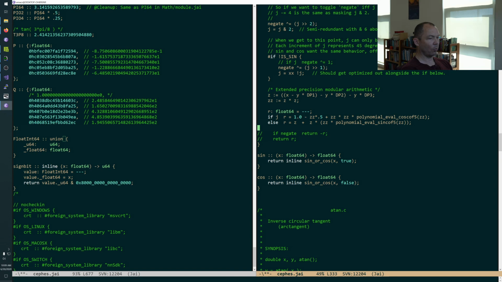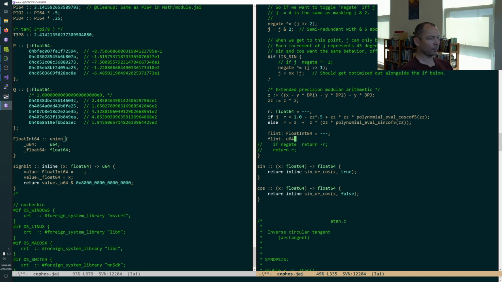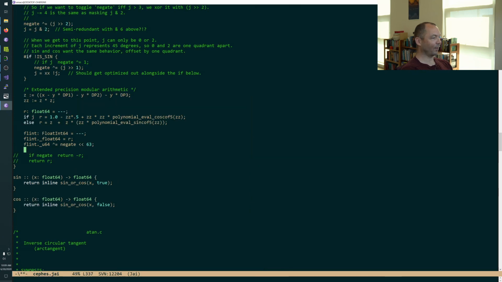Yeah. So we're going to go, whoops, equals R Flint dot U64 XOR equals negate left shift 63, and then return Flint dot float 64.